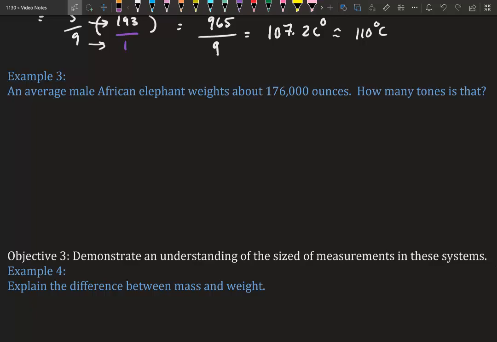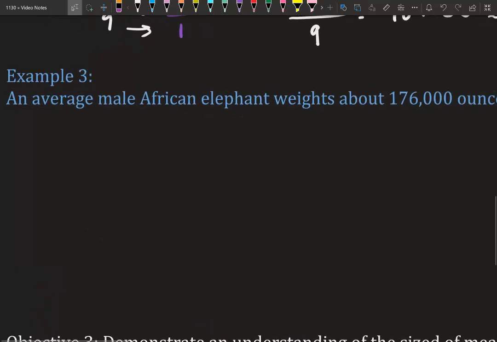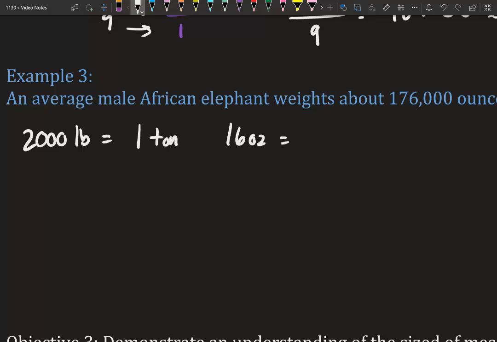An average male African elephant weighs about 176,000 ounces. How many tons is that? So we know, because we need to get to tons, 2,000 pounds equals 1 ton. And then we know 16 ounces is 1 pound.